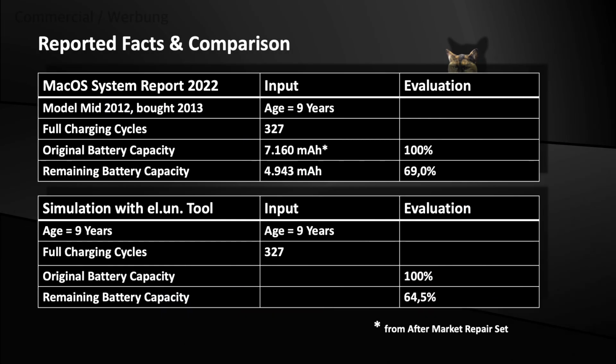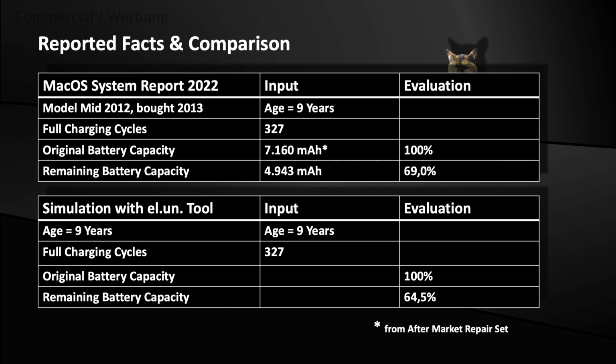Now let us compare the facts with the prediction. We find that the actual battery health of my MacBook Air is about 5% better than we predicted with the tool. Sorry for the mistake in the bottom line here. The value for the predicted remaining capacity is actually 63.5% instead of 64.5% as given here.